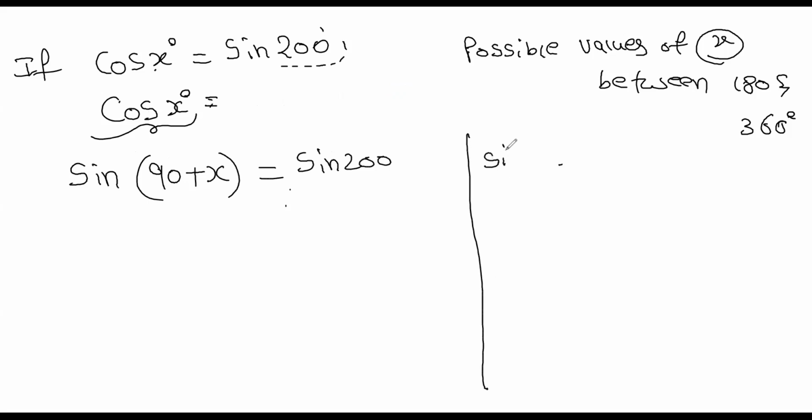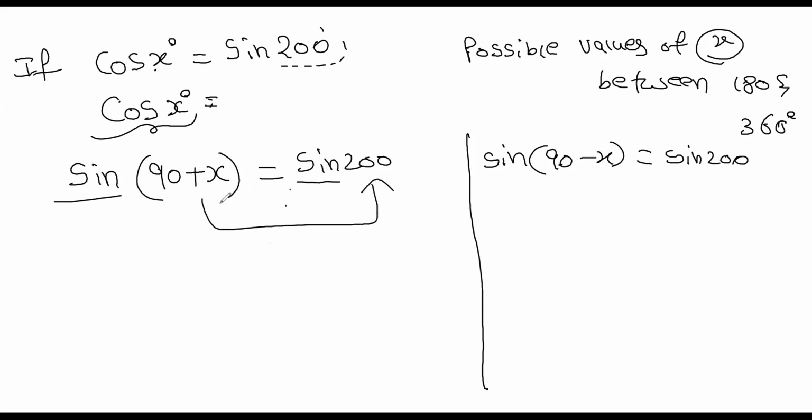Sine of 90 minus x, sine 200, is another value. Now we know both are the same. Now equate them. One value for x you will get as 110.